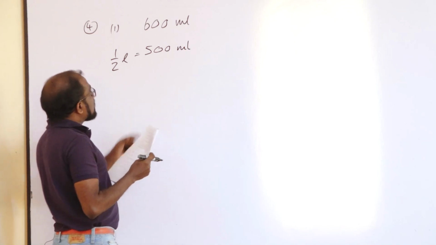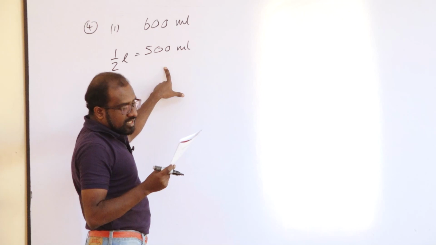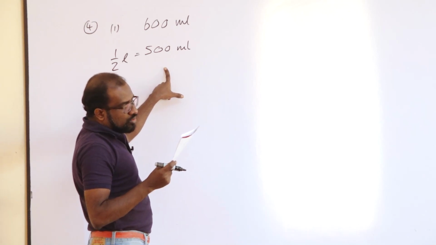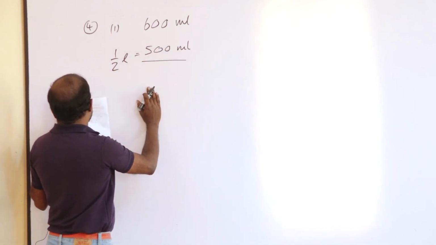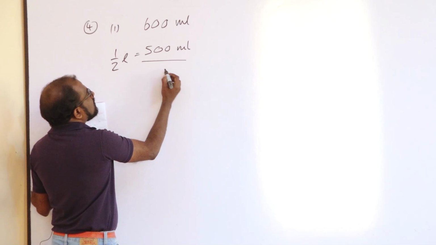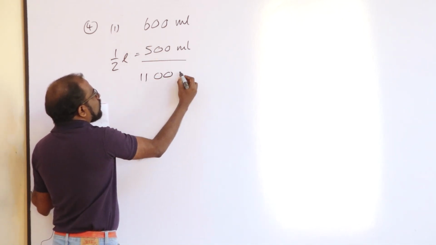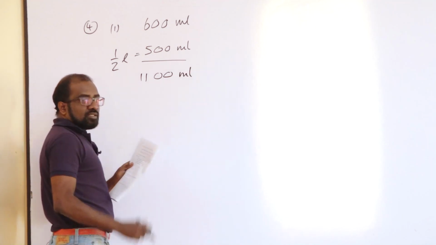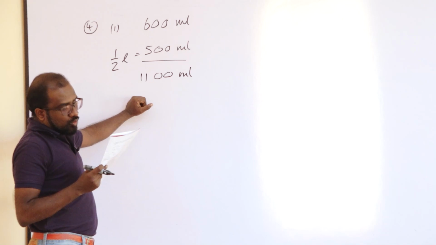Right? Geeta drank 600 milliliters. Neeta drank half a liter, 500 milliliters. So how much have both Neeta and Geeta drunk? 600 and 500 is 1100 milliliters, the total volume drunk by both.